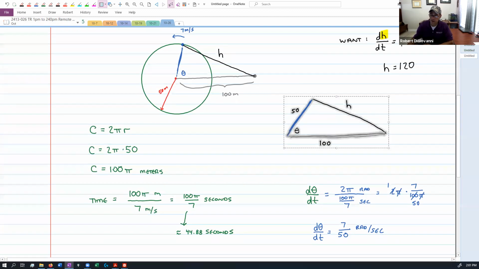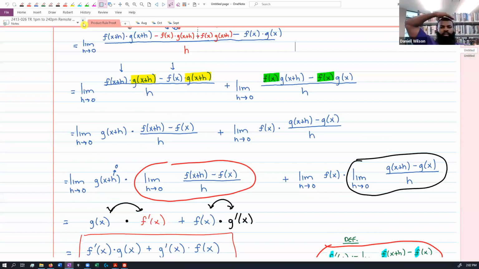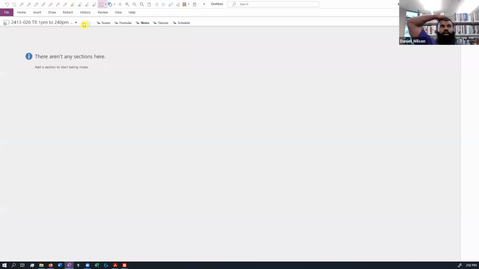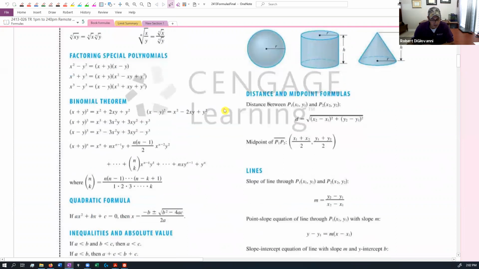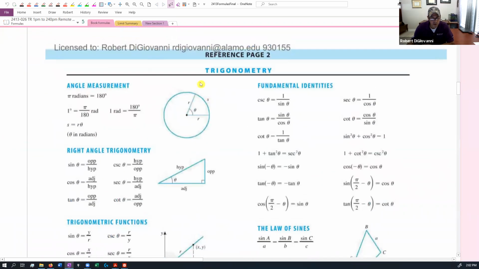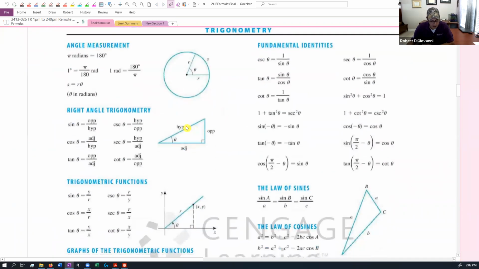Are there any formulas you've ever seen in your life that somehow connect sides of triangles to angles of triangles? I don't remember them. We either learned the law of cosines or the law of sines. One of them, right? Good, yes, exactly. Let's go look. Here's the old trig formula sheet. You've got all this stuff here.